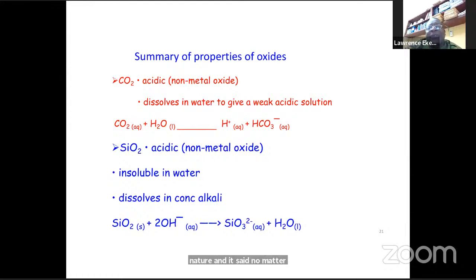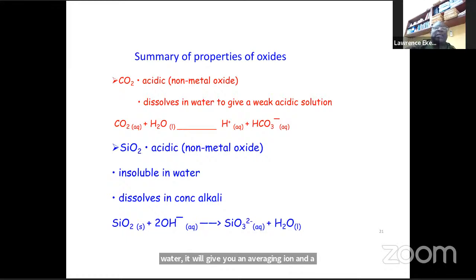It can dissolve in water to give a weak acidic solution, like we see in the equation here. When CO2 reacts with water, it will give you a hydrogen ion and a carbonic acid ion.